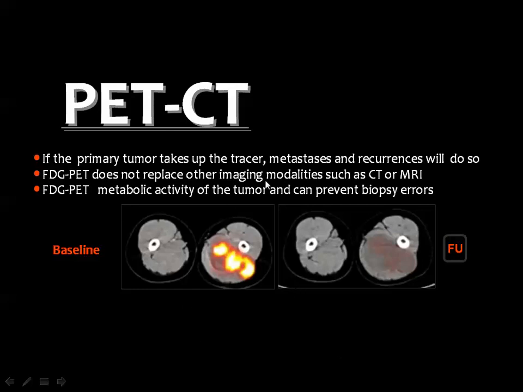PET-CT cannot replace CT or MRI in the diagnosis of soft tissue tumors. PET-CT, in my opinion and in the opinion of many, is reserved only to assess the post-treatment tumor recurrence and also to look for metastatic disease. And this is one of the examples of a malignant soft tissue tumor and the response to therapy after treatment.